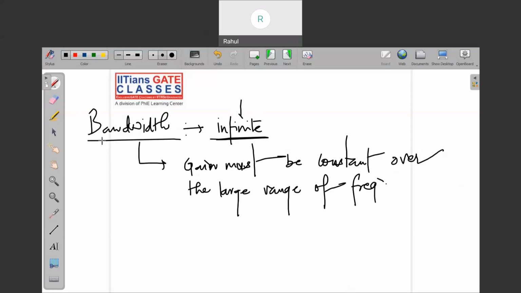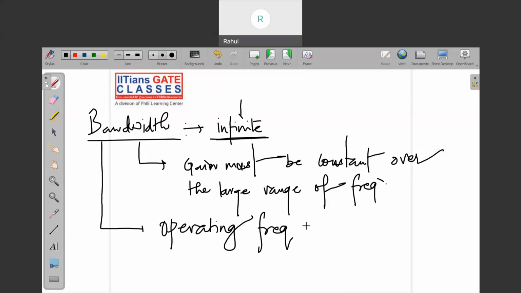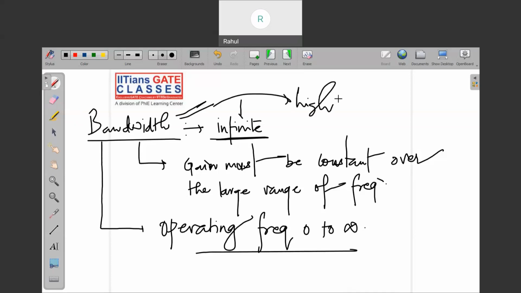These things you have to keep in mind. So ideally the operating frequency should be from 0 to infinity. That's why we must have high bandwidth for the ideal op amp, one of the very good parameters.